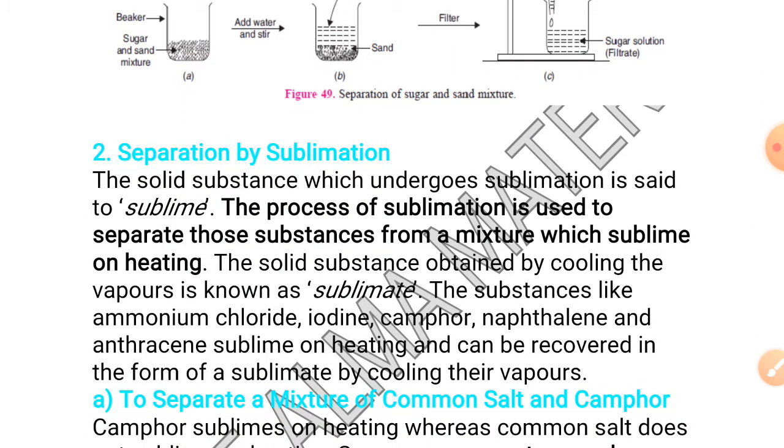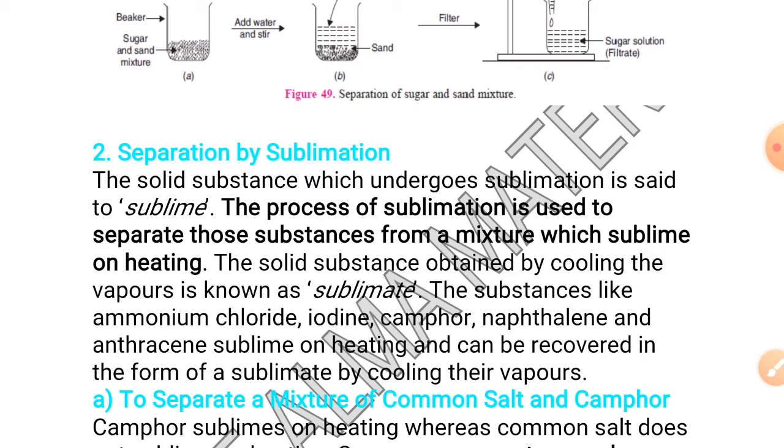Students, sublimation is a process in which a solid substance on heating directly converts to the gaseous state without coming to a liquid state. The solid substance which undergoes sublimation is called sublime, and the process of sublimation is used to separate those substances from a mixture which can undergo sublimation.